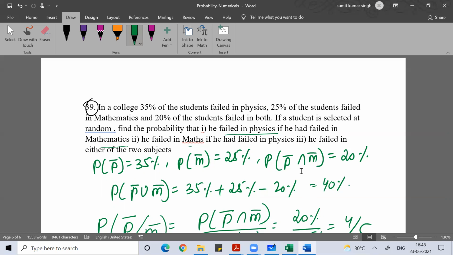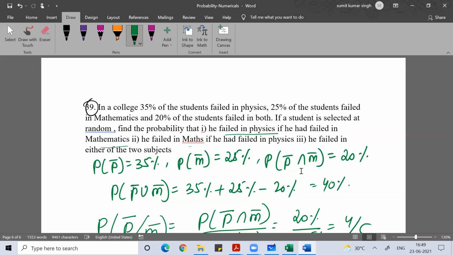So, either of the two subjects. What do you mean by either here, guys? He failed in either of the two subjects means union, right?